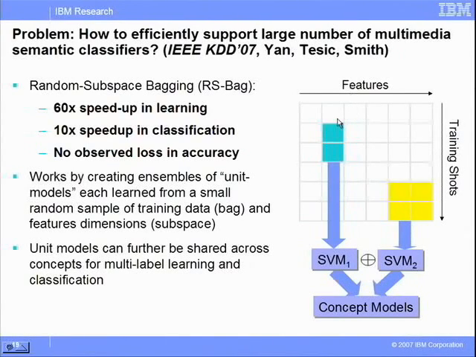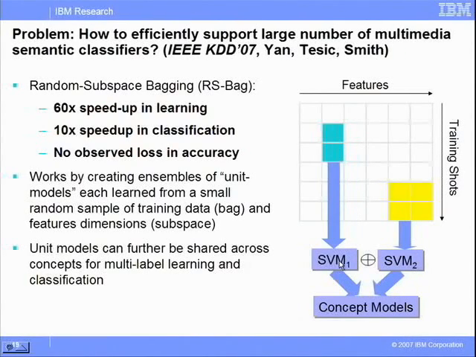What we found is through this concept called a random subspace bag, which is you do a random sampling of your feature dimensions in your training examples. So in other words, you create just an extract like this, and then you learn a model based on that. And then you repeat.